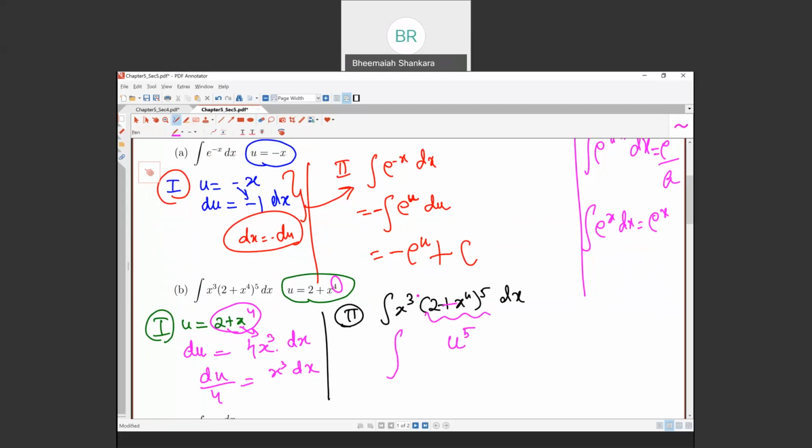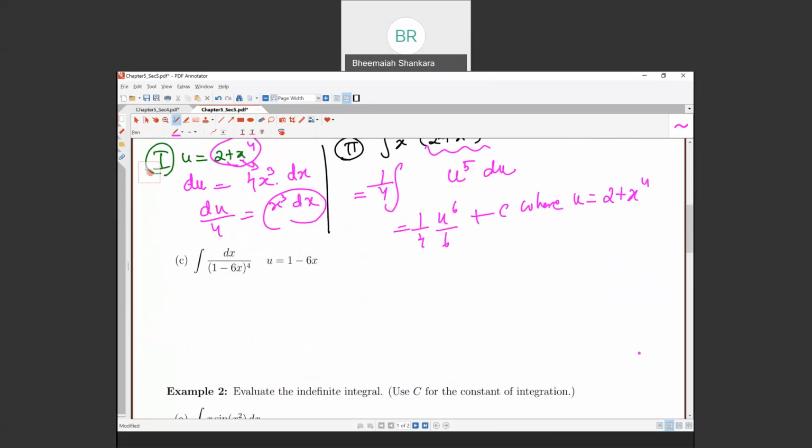And this x cubed and dx combined, we have this expression which is du divided by 4. So I'm going to write it as du divided by 4, 1/4 goes out. Integrate this, this will be 1/4 u to the 6 divided by 6 plus c, where you write u as what you assumed in the starting, 2 plus x to the 4.